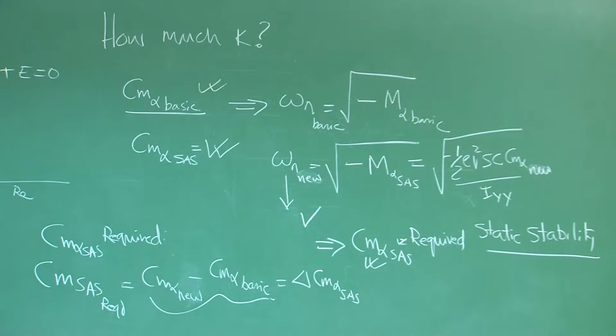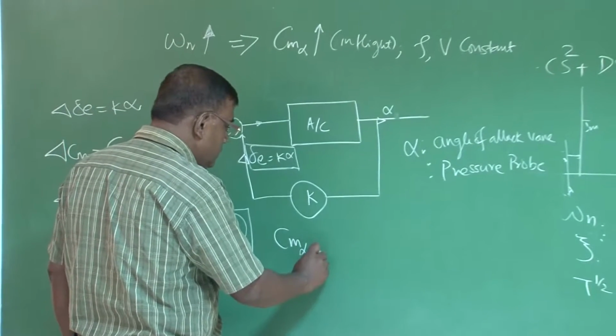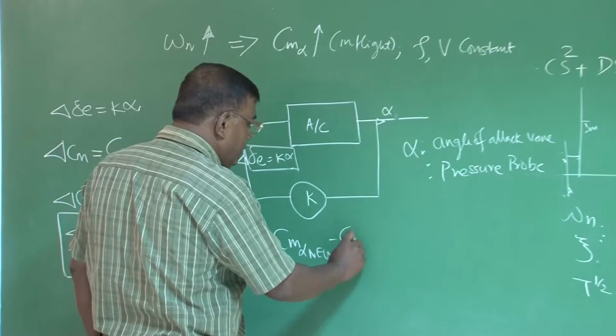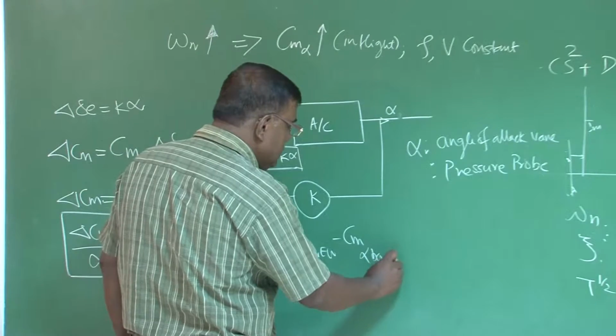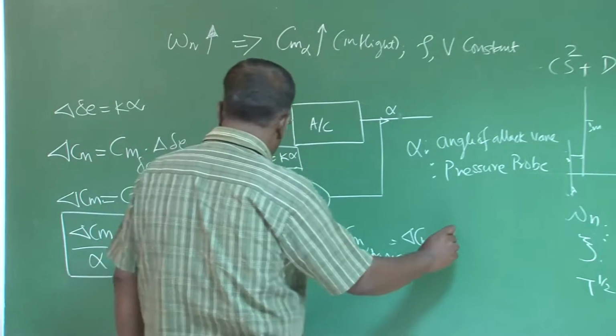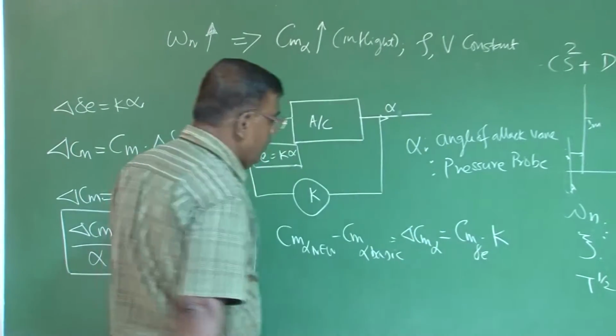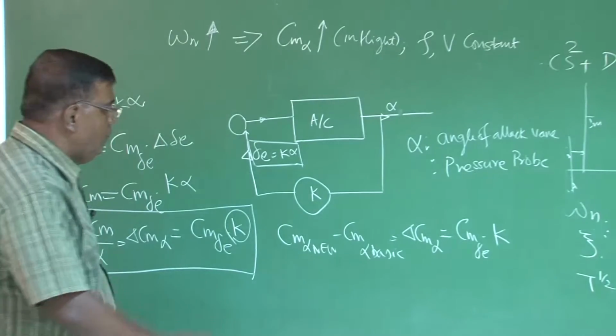Okay. And then you know this Cm alpha new minus Cm alpha basic, which is delta Cm alpha, that is equal to Cm delta E into K, right? So, what is K?